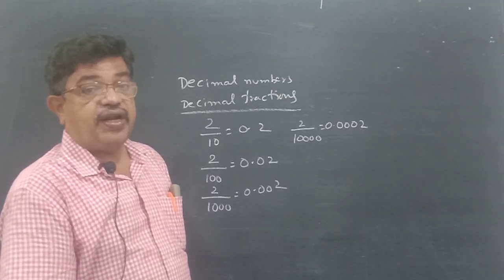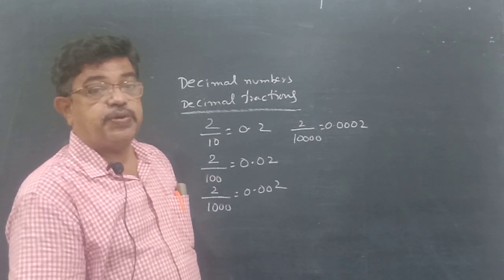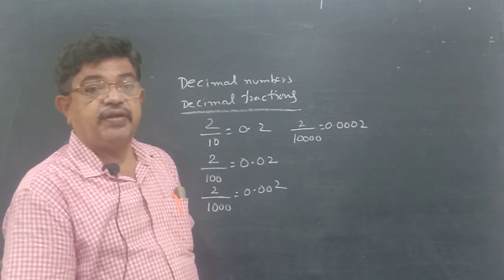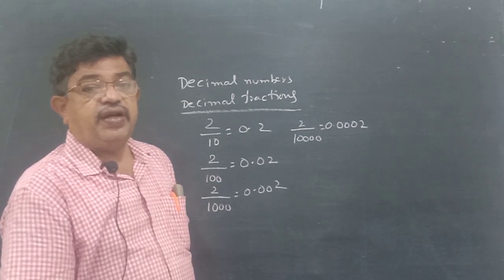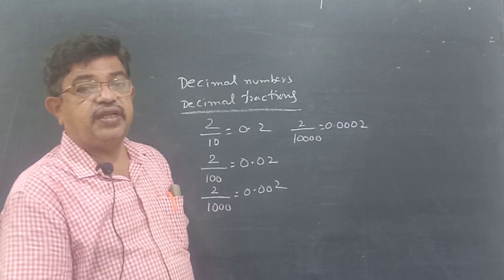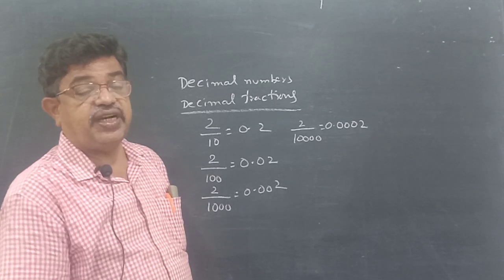If you divide with 1 lakh, then we get 5 decimal places. So the number of decimal places depends upon 10 or multiples of 10. If there are 2 zeros, you have 2 decimals. If there are 3 zeros, 3 decimals, 5 zeros, 5 decimals, 7 zeros, 7 decimals and so on.